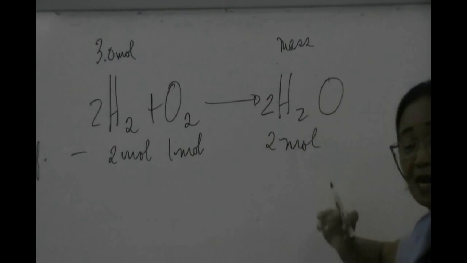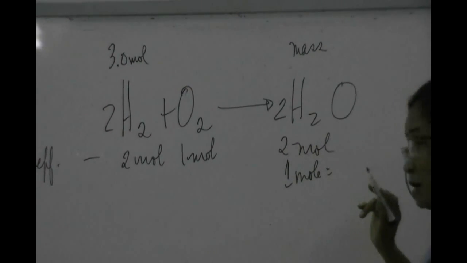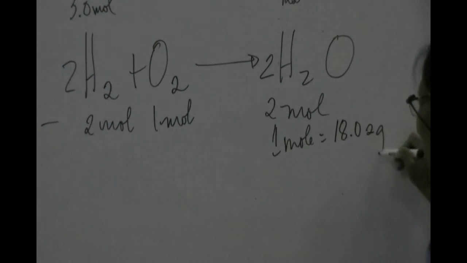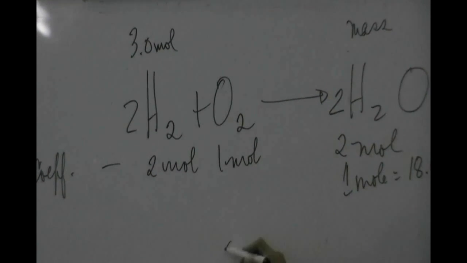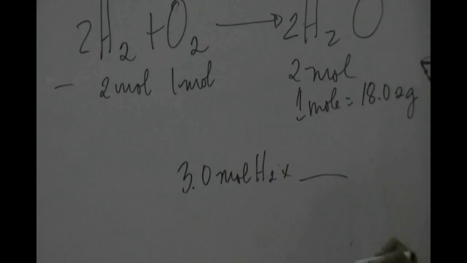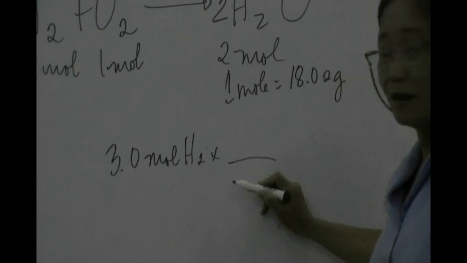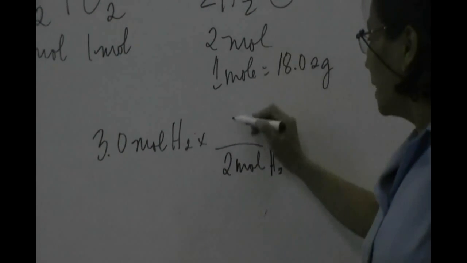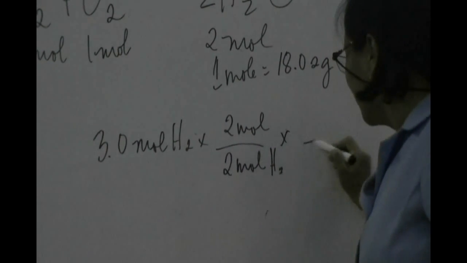Since mass is being asked, we need to get the molar weight of water. Per mole, water is 18.02 grams. With the given 3.0 moles of hydrogen, we need to consider the coefficients: 2 moles of hydrogen compared to 2 moles of water.